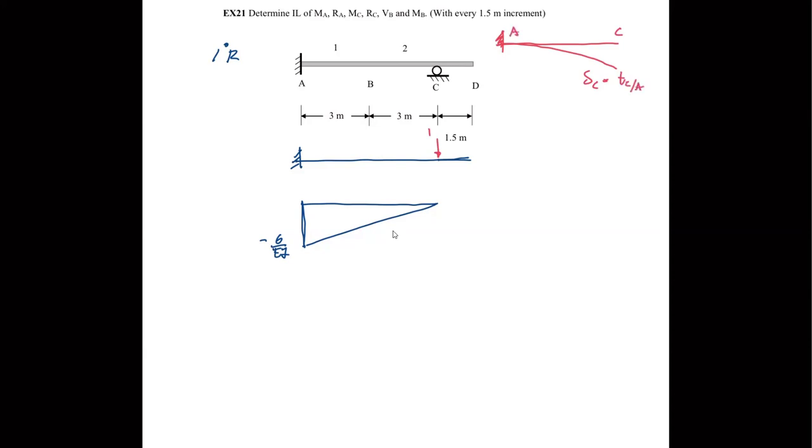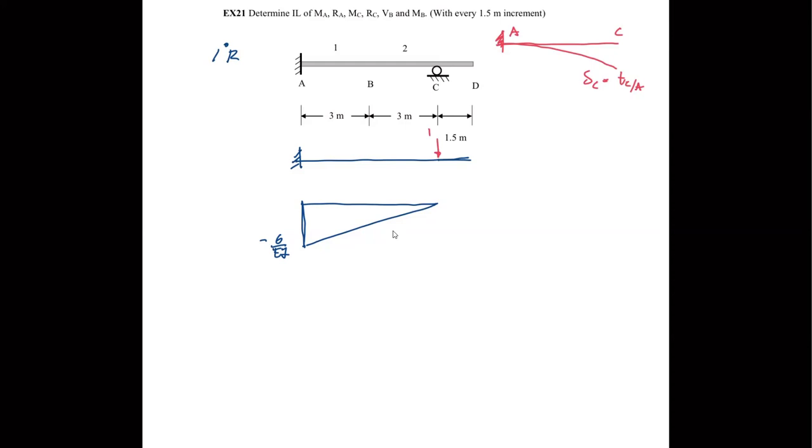And if you can recall, TCA is the moment of the bending moment diagram between point A and C with respect to point C. Okay. So right here, it's going to be quicker.